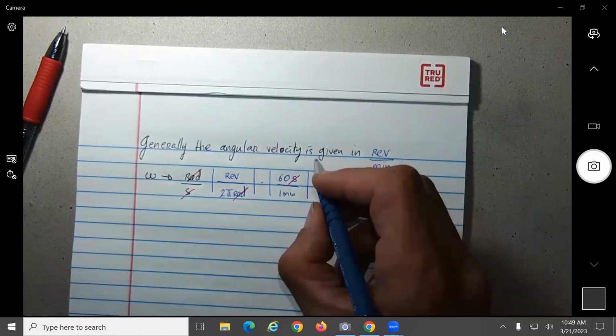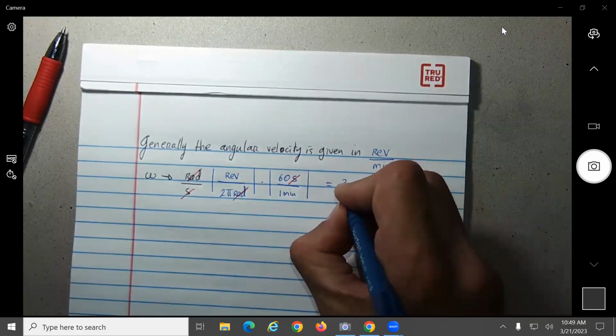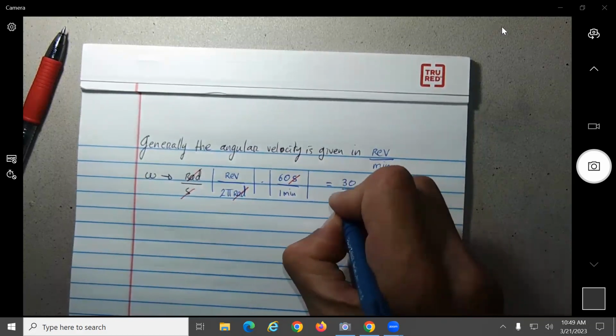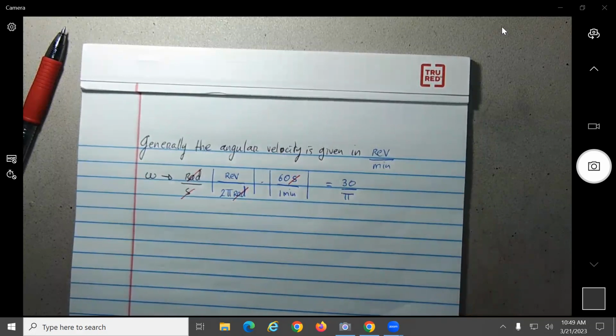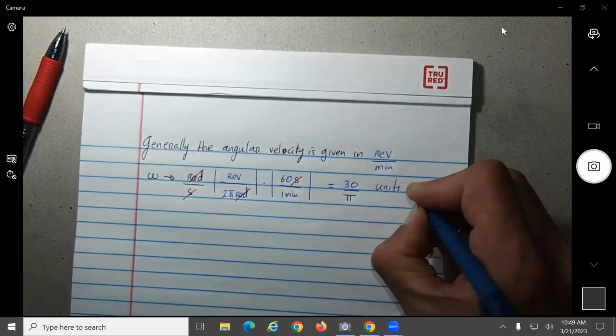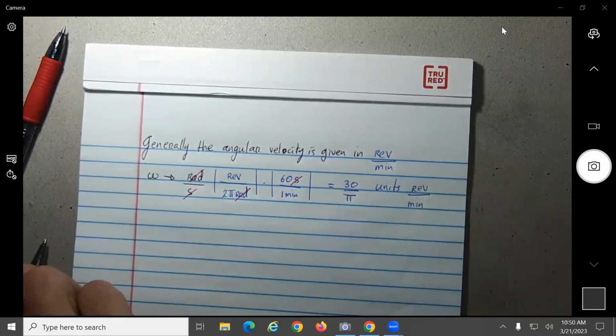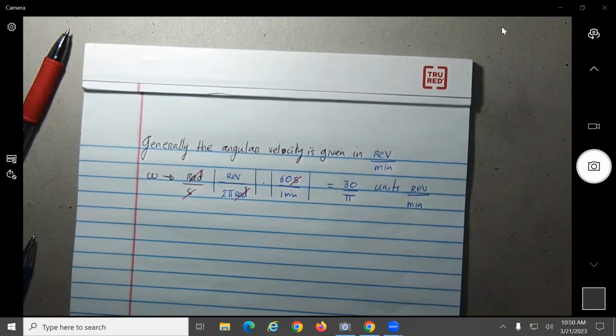So this will mean that if we go to radians per second, we get 30 divided by pi, to make the units revolutions per minute.